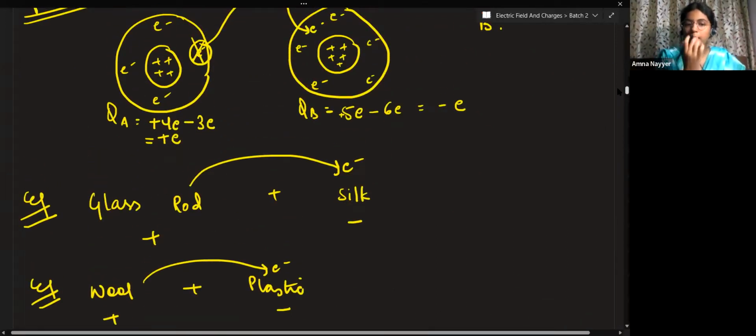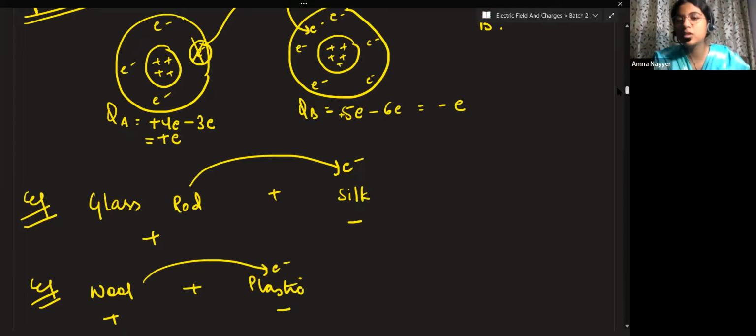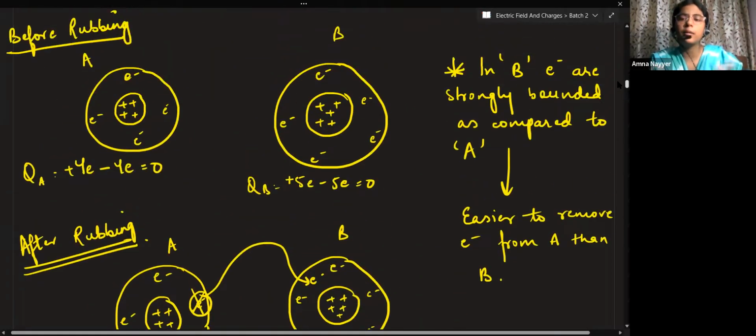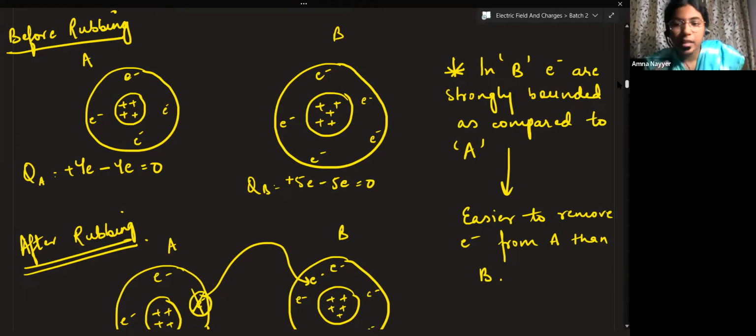One thing that you have to decide is which one is loosely bound and which one is strongly bound. So whichever body is strongly bound, electron removal from that body becomes difficult, and it is easier to remove electrons from that body in which electrons are weakly bound.